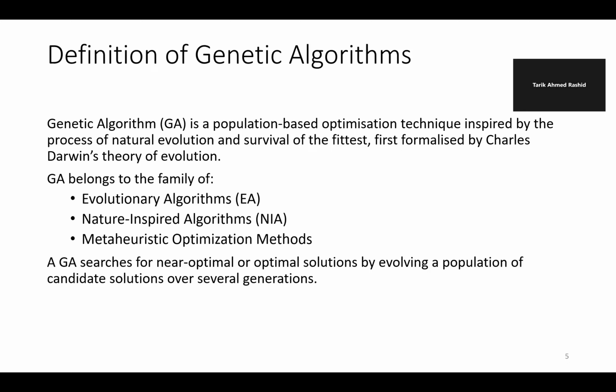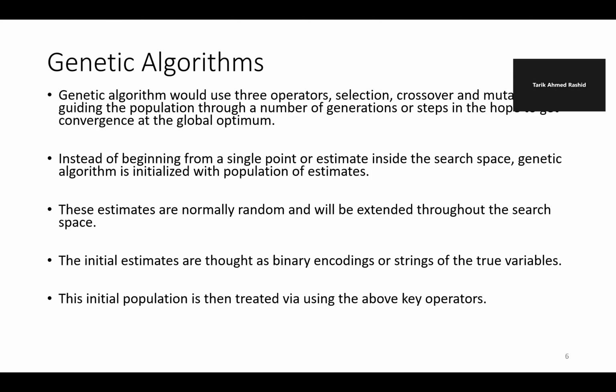We can call it under evolutionary algorithms, we can call it under nature-inspired algorithms because it's taken from nature. And it also fits under metaheuristic optimization methods. GA searches for near optimal or optimal solutions by evolving a population of candidate solutions over several generations.